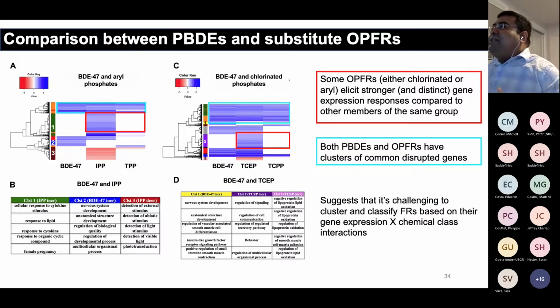And therefore, we see that there are commonalities in gene expression profiles between different flame retardant classes, but also large-scale differences within members of the same class, such as IPP and TPP or TCEP and TCPP. Based on this, again, the summary is that it's still challenging to bin the adverse effects of different flame retardant classes based on their gene expression profiles and their chemical classes.